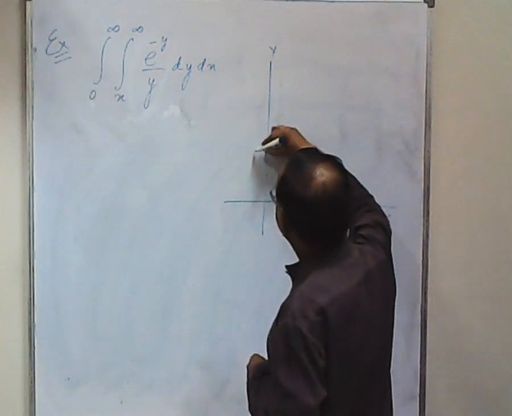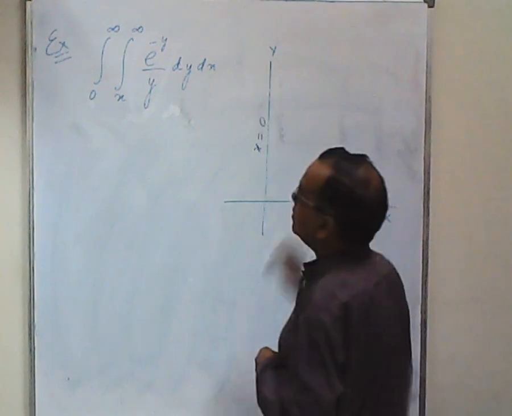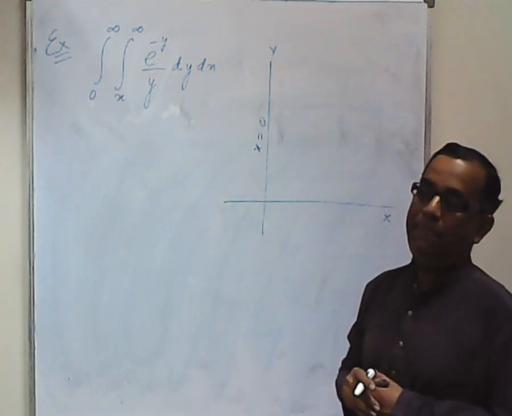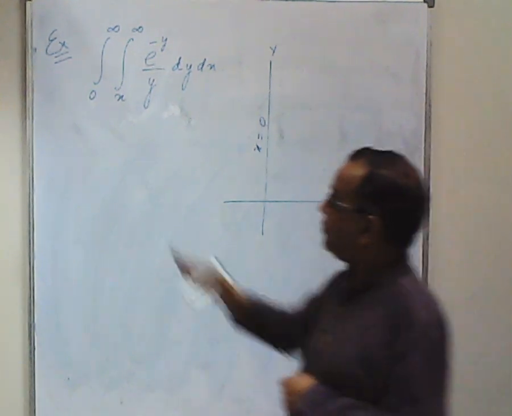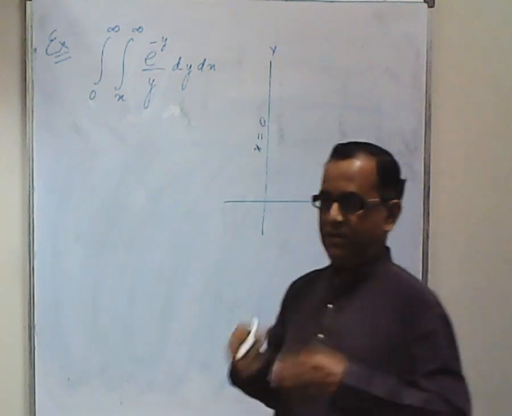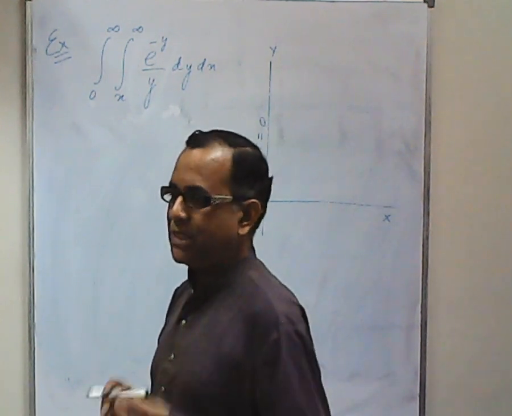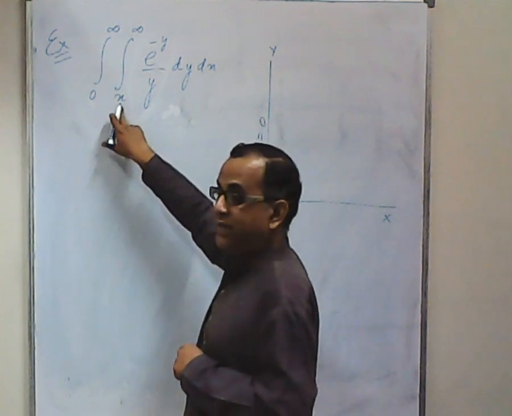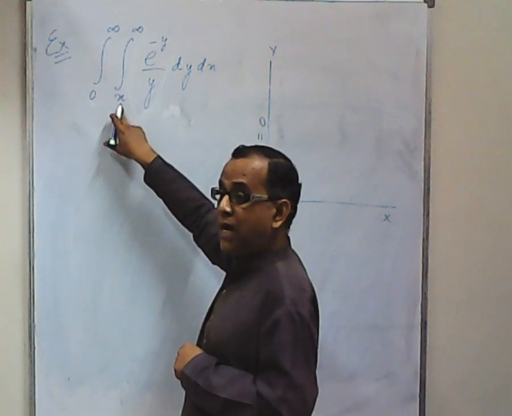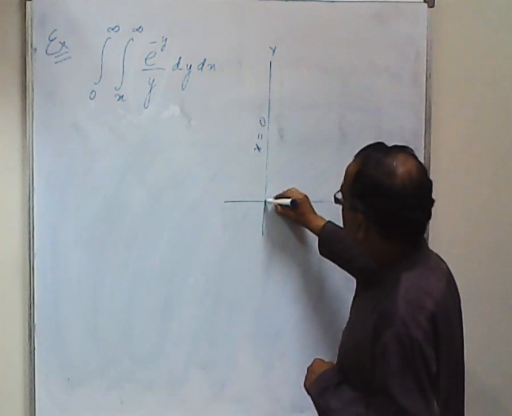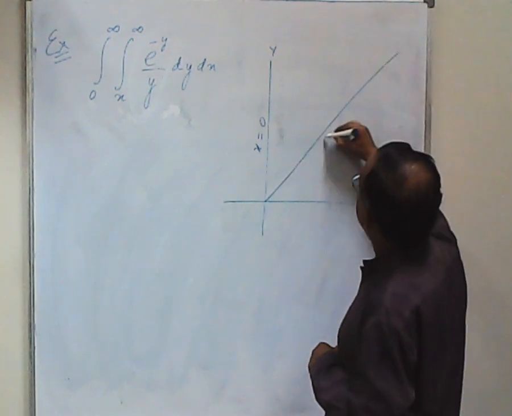I am trying to figure out the drawing with the help of these limits. Here this limit is given with the value of y. So here y is equal to x, and this is the y equal to x line.